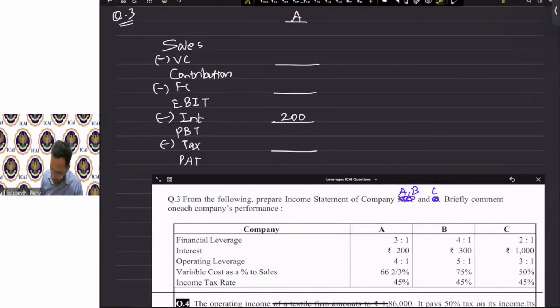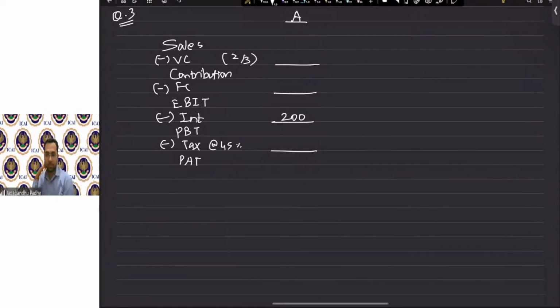Okay. Financial leverage is 3 is to 1 and 4 is to 1. Variable cost as a percentage of sales is 66 2/3%, and income tax rate is 55%. Variable cost is 66 2/3, so basically it is two-thirds of sales.